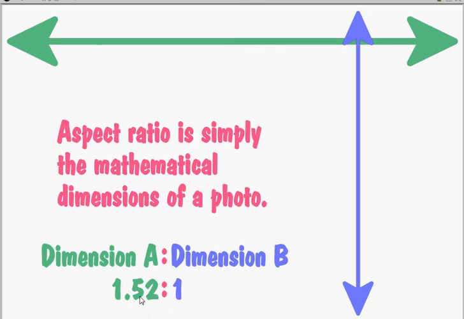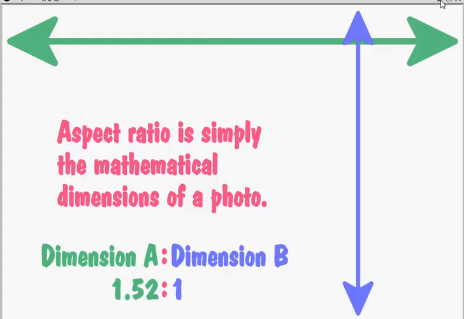I rounded it off to 1.52. The reason I chose that ratio is because this happens to be the ratio of my camera that I use, the Nikon D7000. Now, why does this have any bearing on photography?